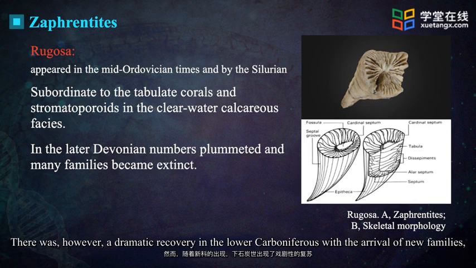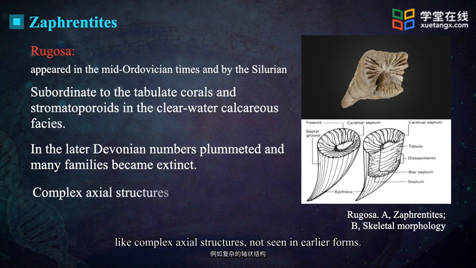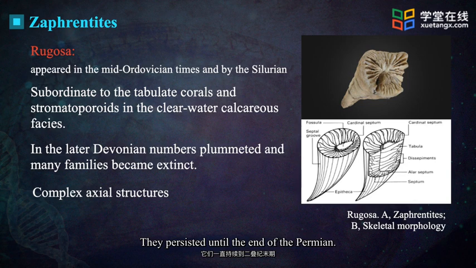There was, however, a dramatic recovery in the lower Carboniferous with the arrival of new families, some showing new features like complex axial structures not seen in earlier forms. They persisted until the end of the Permian.